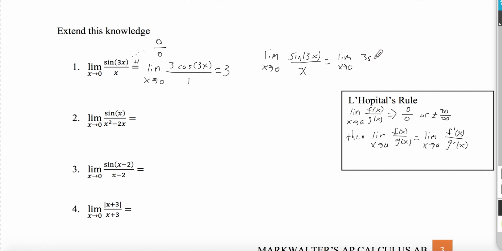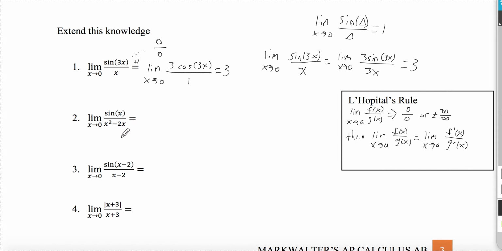This will give me 3 sine of 3x over 3x. And notice now that what's inside the sine and what's down here are the same. And I know that the limit as x approaches 0 of the sine of x over x, and that x can be anything, the sine of whatever over whatever, is 1. Notice I have 3x, so that will become 1 times 3, which gives me 3, the same thing. L'Hopital's rule at this point is probably a quicker and easier thing to do in a lot of these.